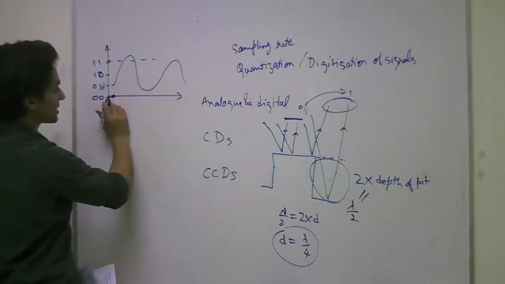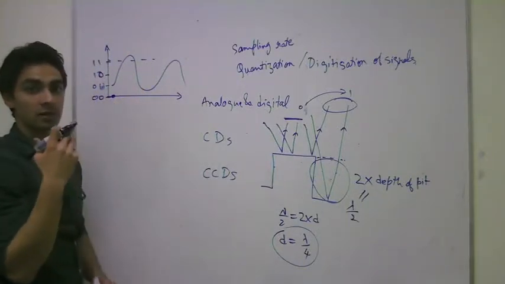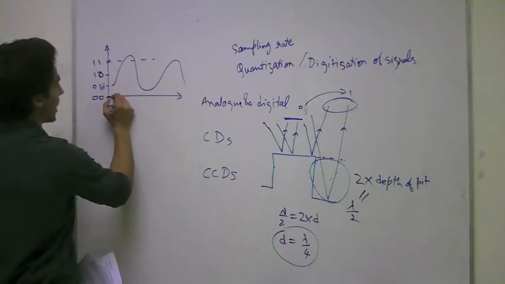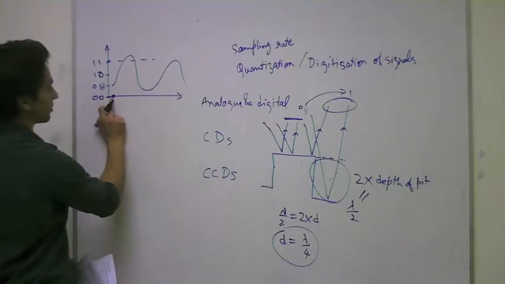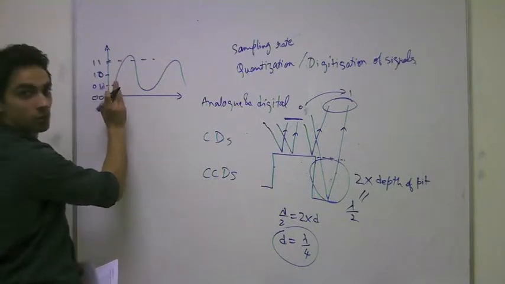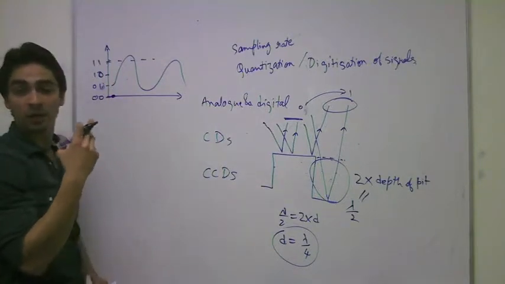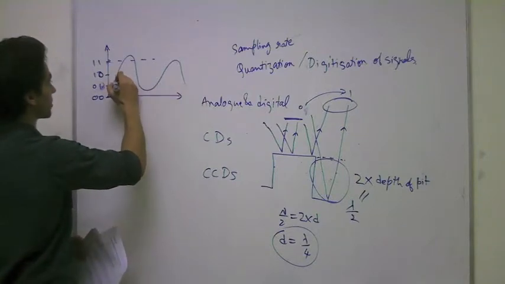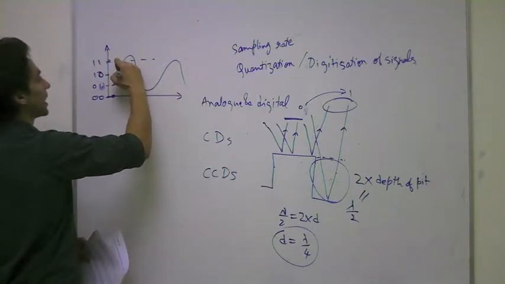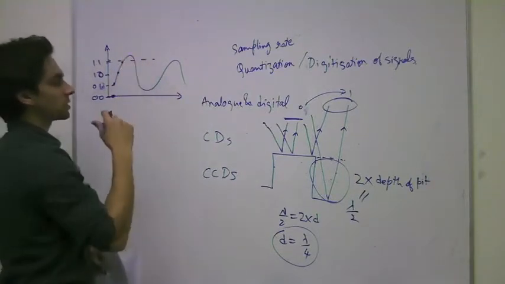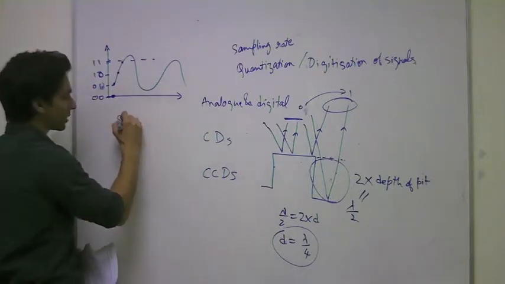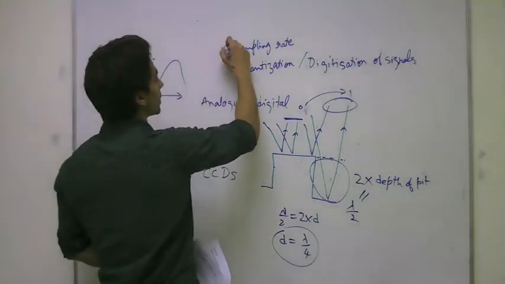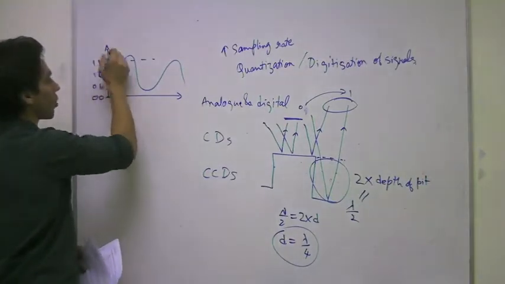Anyway, depending on the sampling rate, if the sampling rate is high, then we would have the samples closely spaced, and if the sampling rate is low, then the samples would be further spaced apart. So it is beneficial for the sampling rate to be high. These are called quantum levels.